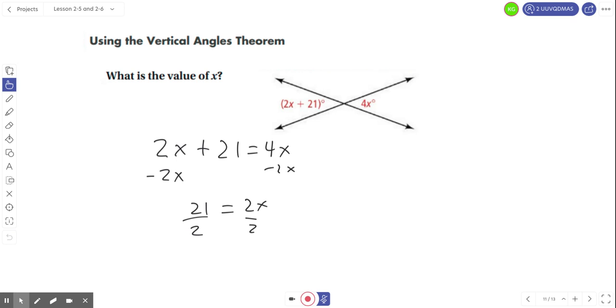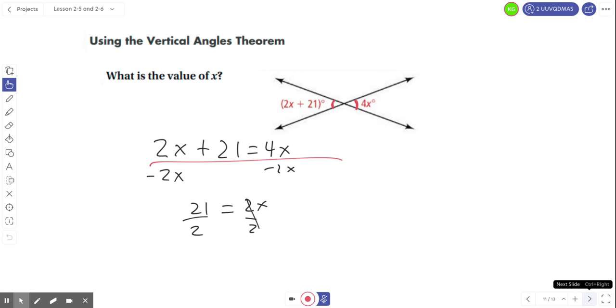So x equals 21 halves. But that's just to remember that vertical angles work like that. You can take these angles are congruent, so you can set them equal to each other in an algebraic expression of equality. All right.